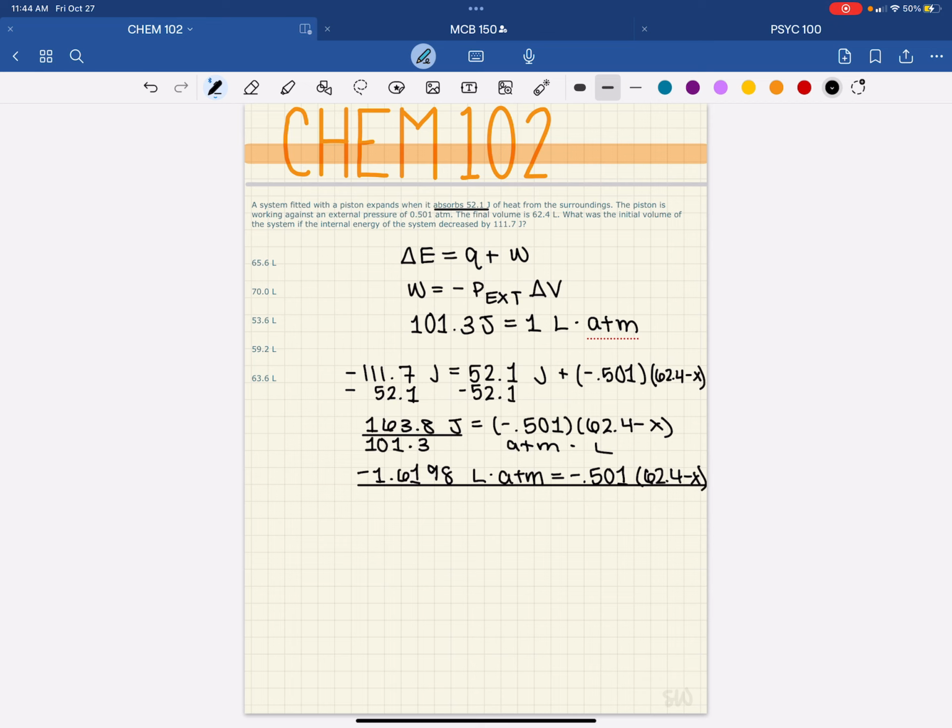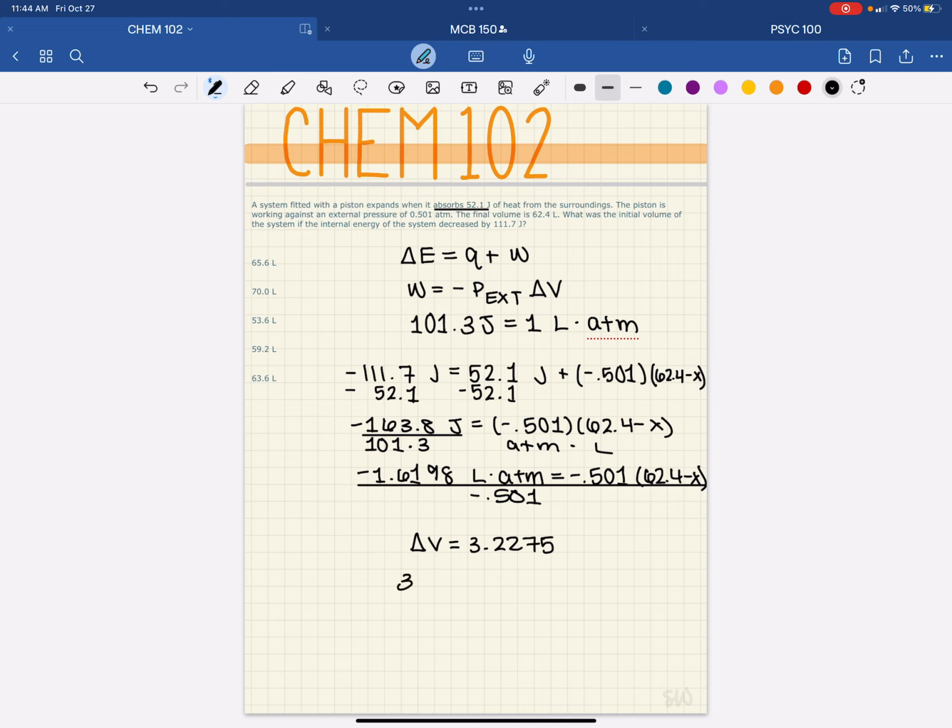Oh, I forgot my sign here. I'm in trouble. Divide by my negative P external, which is going to give me my change in volume. So my delta V is equal to 3.2275.